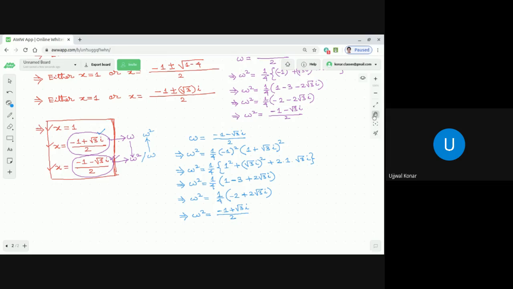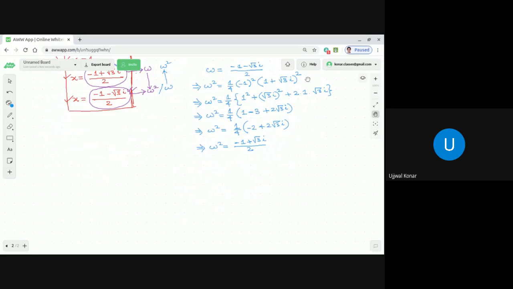So what we understood, dear students? We understood that there are 3 roots to the equation. What are the 3 roots? 1, omega and omega square.